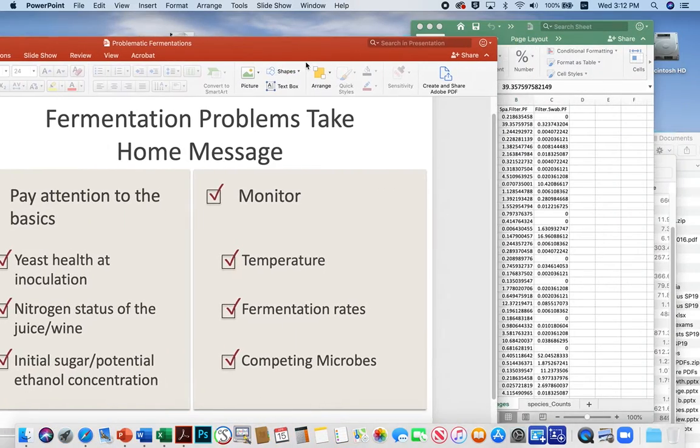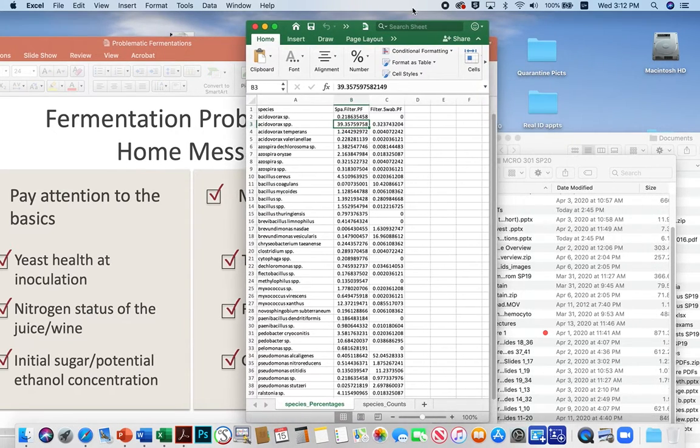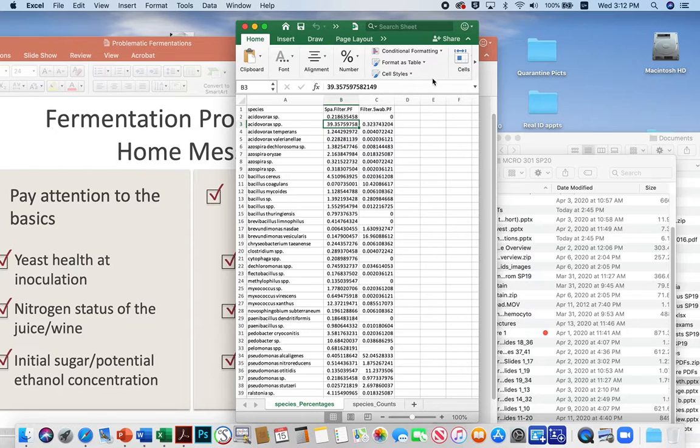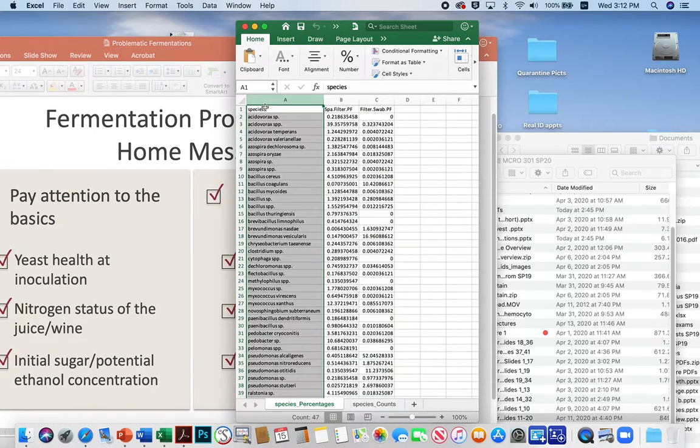One of the things that I do, and this isn't from a wine, this is actually from something else, but these are 16S metagenomic analyses, and you can get an entire profile of the microbes present. In this particular case, you can get the percentage breakdown. So I can see, for example, that this particular species is highly abundant in this particular sample. It happens to be a jacuzzi filter.